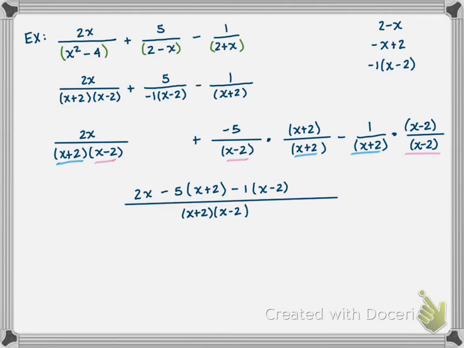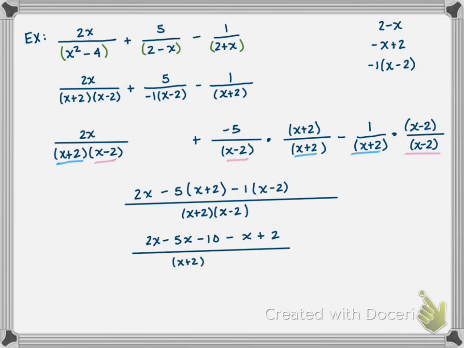So we've done all our denominator work. Now we're ready to do all our numerator work. So we've got 2x minus 10x. Whoops, sorry. That's 5x. Getting ahead of myself. 5x minus 10 minus x plus 2. So I just distributed there. And over my common denominator.